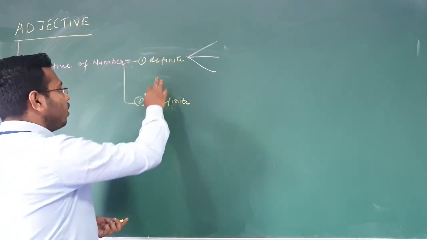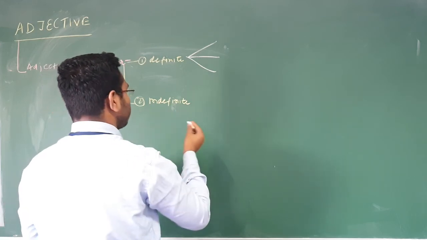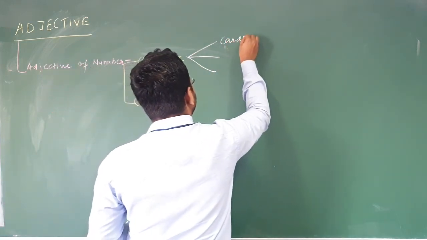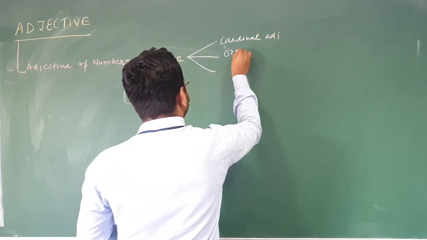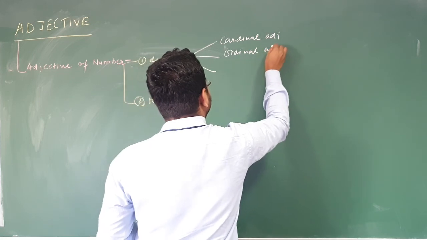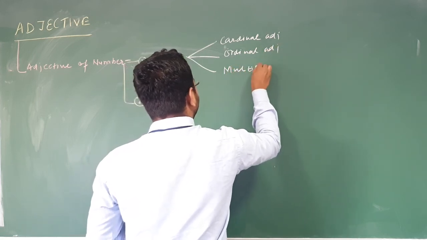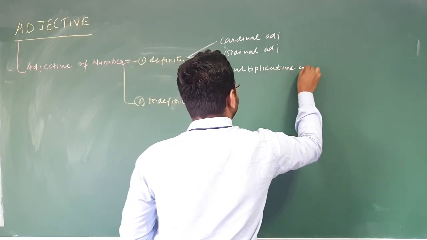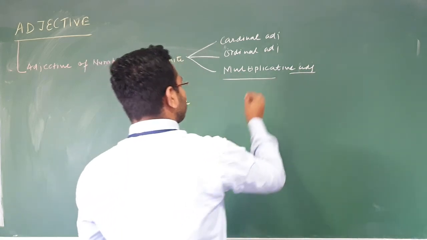So further we have the indefinite classification of adjectives of number. In the definite category, we can write cardinal adjective, ordinal adjective, and multiplicative adjective.